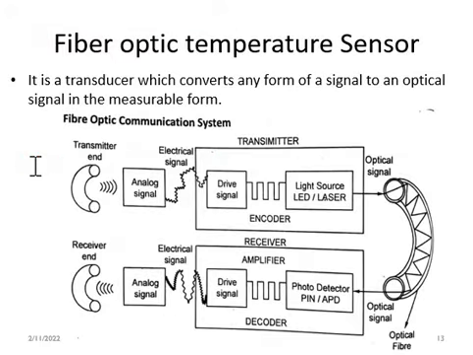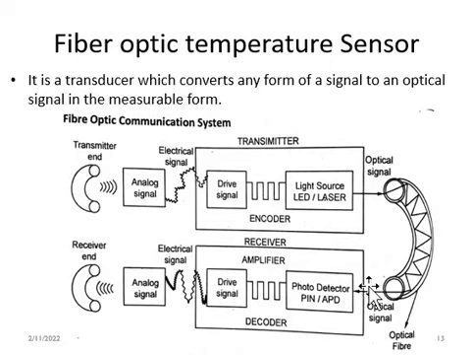Next, the fiber optic type temperature sensor. It is a type of transducer that converts the signal to optical light in a measurable form. The temperature is received by the transducer and converted into a digital signal, which is transmitted through the optical fiber.